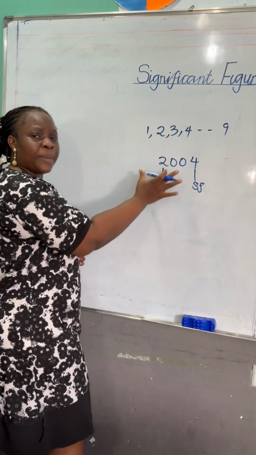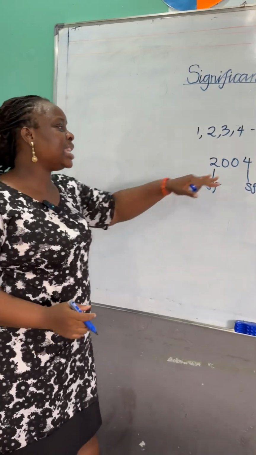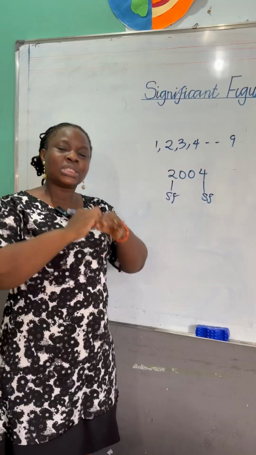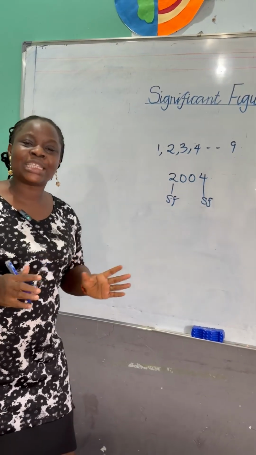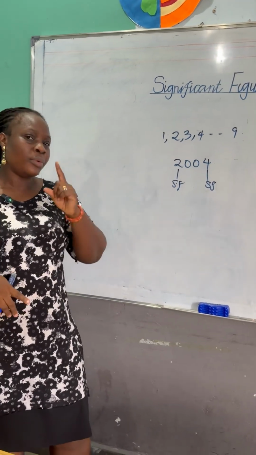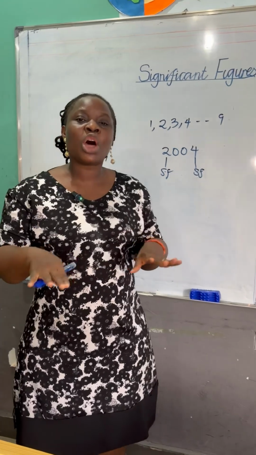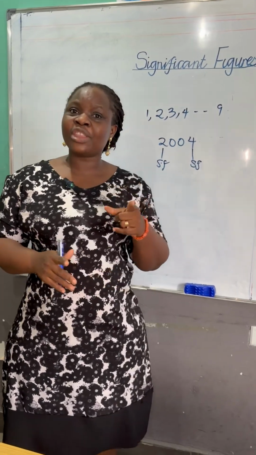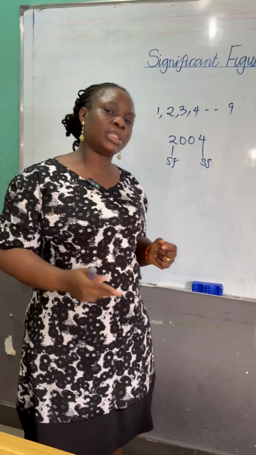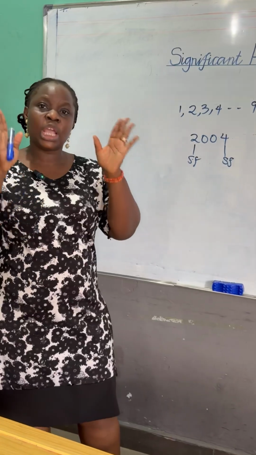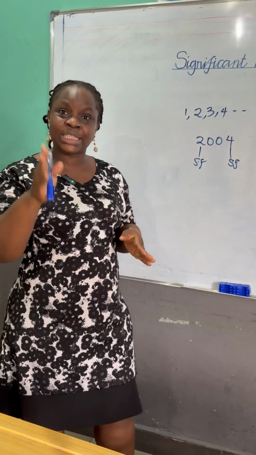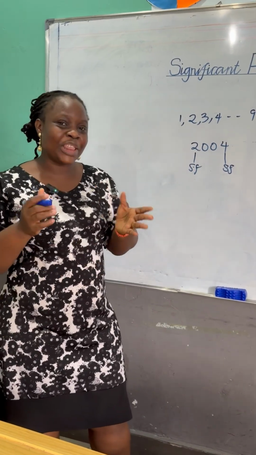When zero comes in between them, it shows that this zero is also significant. Remember, rule number one says non-zero numbers are significant. Then rule number two says when zero comes in between two significant numbers, the zero is also significant.